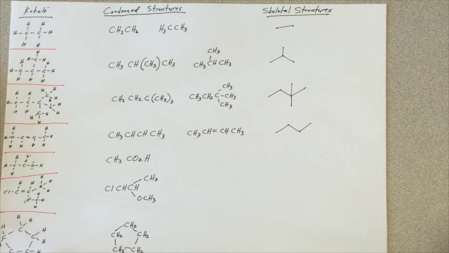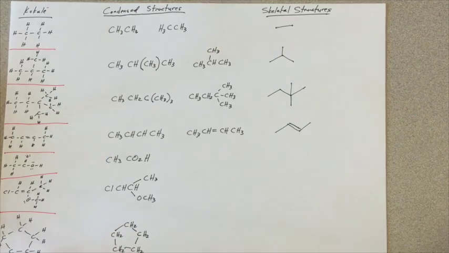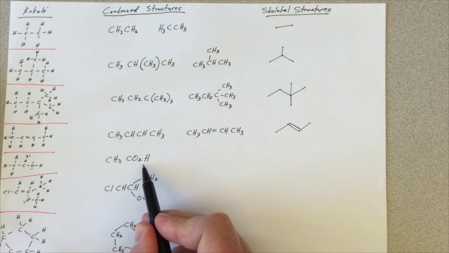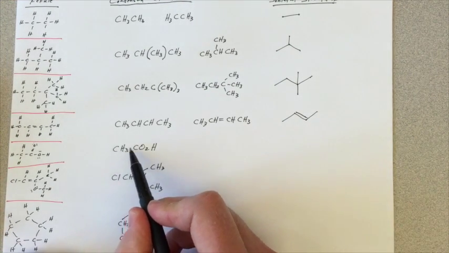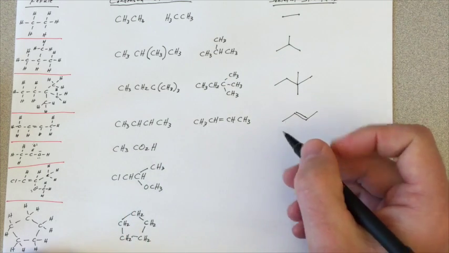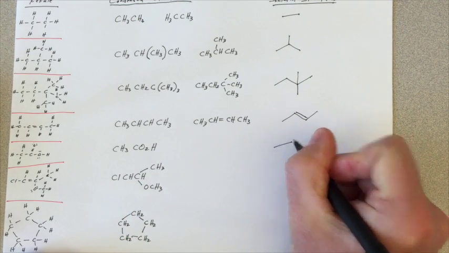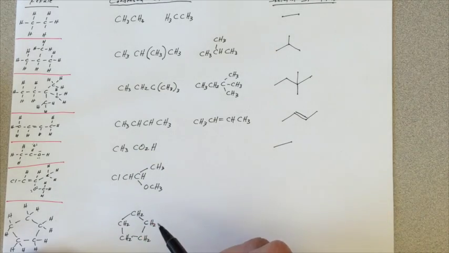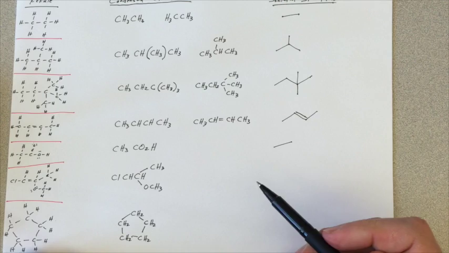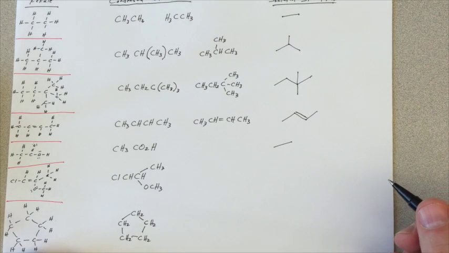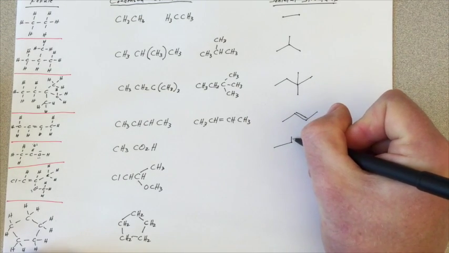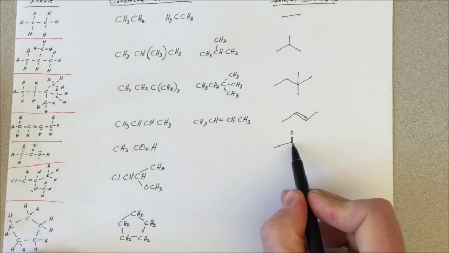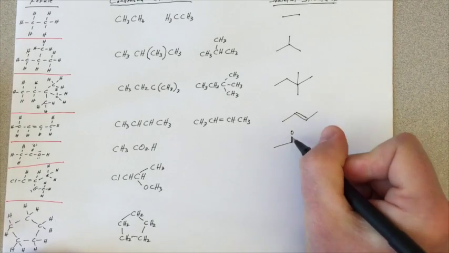I can indicate the double bond by showing a double bond. This one has some non-carbon atoms in it. So first I'm going to indicate how many carbons are in there. There's only 2 carbons in this molecule, CH3, and then this interesting carbon here. When you don't have carbons, you have to tell me in these skeletal structures. And so for this carbon at the end, I just have to write it out to say that this carbon has a double bond to an oxygen.